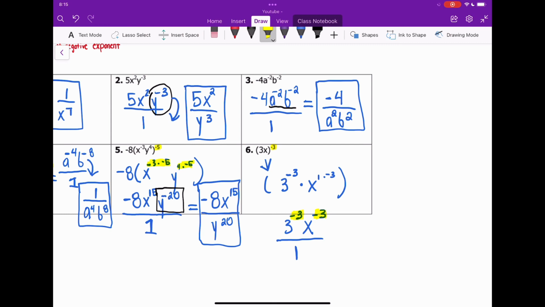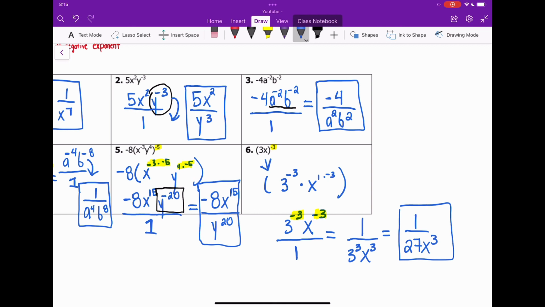Exactly. So once we simplify, we're going to have 1 over 3 to the 3rd power x to the 3rd power. And to simplify this now, we just have to expand 3 to the 3rd power. So our final answer should be 1 over 27 x to the 3rd power.